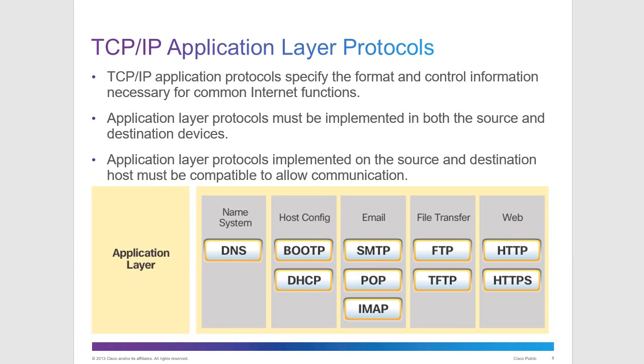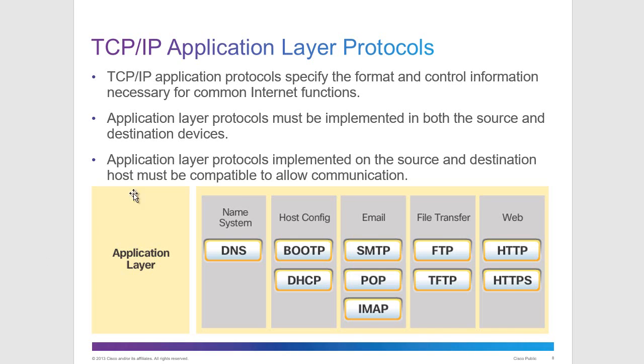We've got some TCP/IP application layer protocols here and some examples of them. Those protocols must be implemented on both your source and destination devices for it to work. And the protocols implemented on the source and destination must be compatible to allow communication.